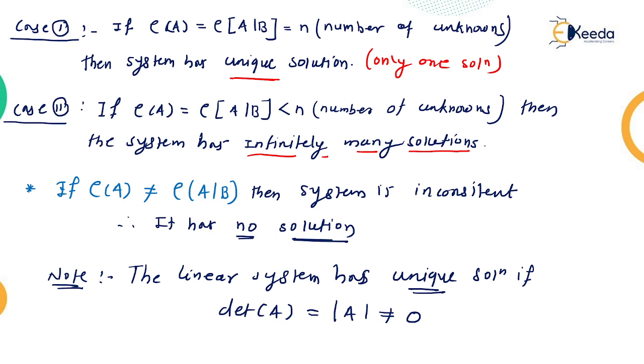Now we take a common chart for the condition of consistency, and the result related to consistency of a non-homogeneous system of equations can be remembered by using the next chart. Suppose I have to take a non-homogeneous system of linear equations, and it contains a system as Ax is equal to b.